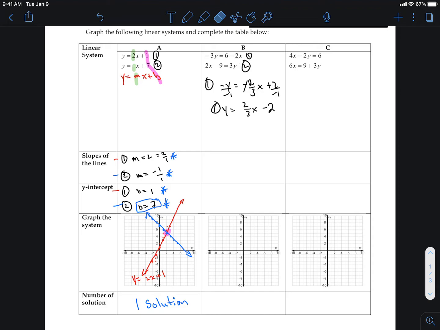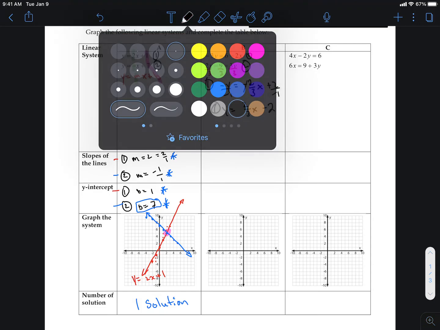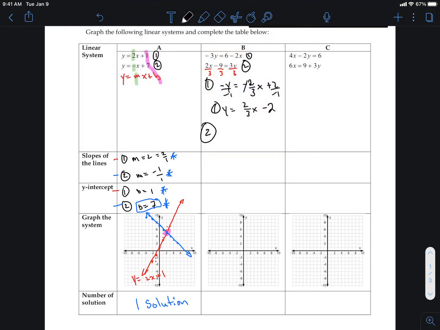Okay. Same thing again for number 2. I'm just going to divide everything by 3. Okay. So y is going to equal 2 over 3x minus 3.